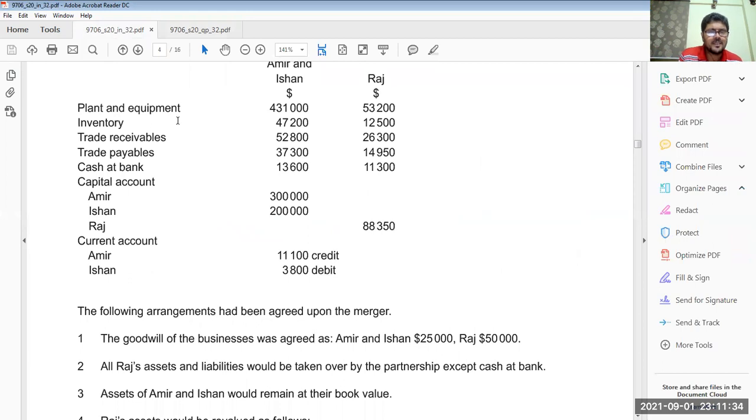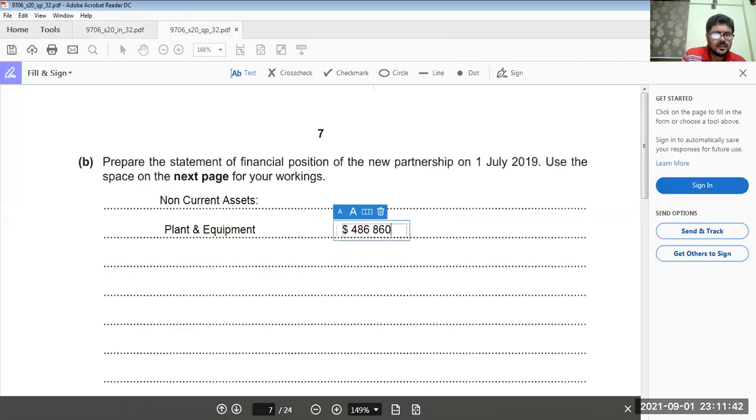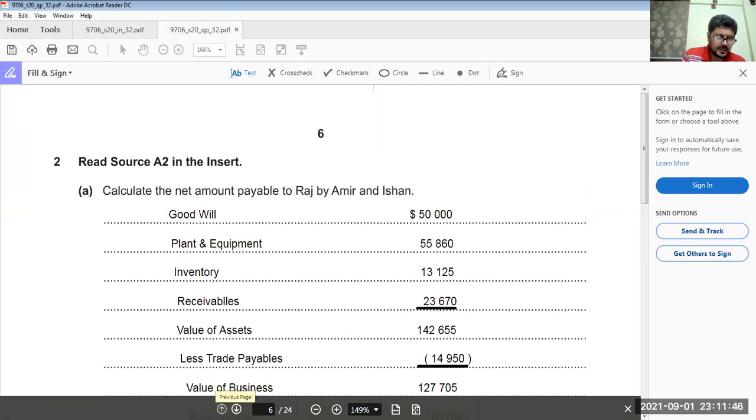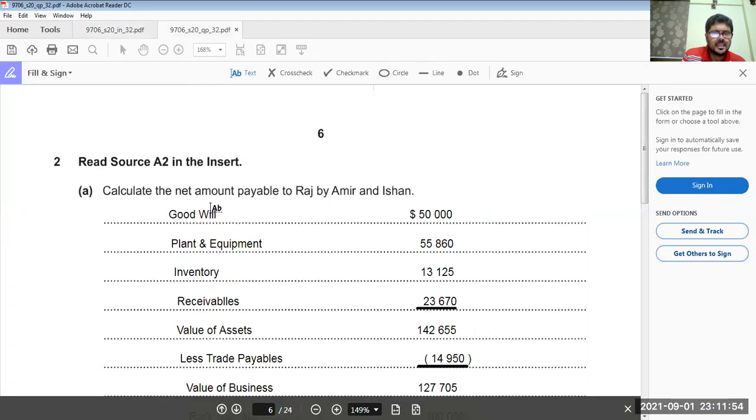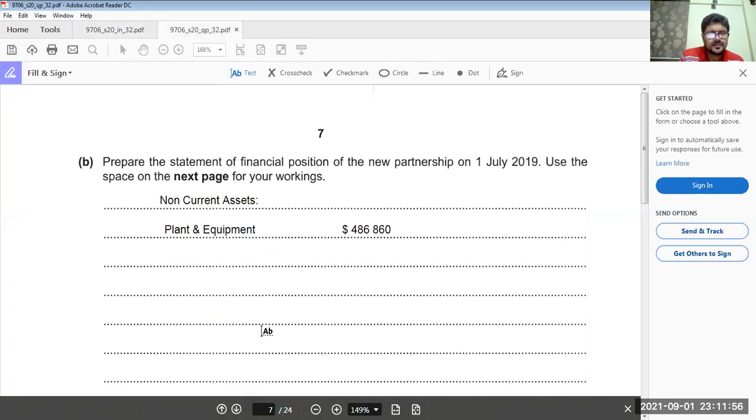Next item, inventory 47,200. 47,200 plus the value of inventory for Raj, which is 13,125, gives 60,325. So we put it over here as 60,000.